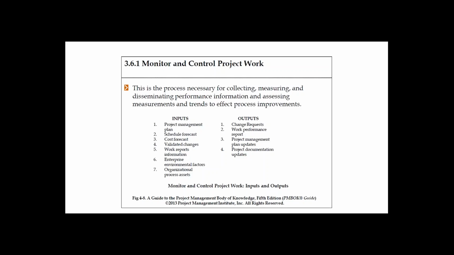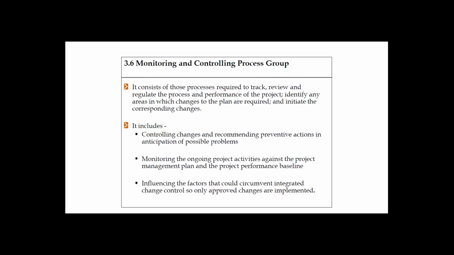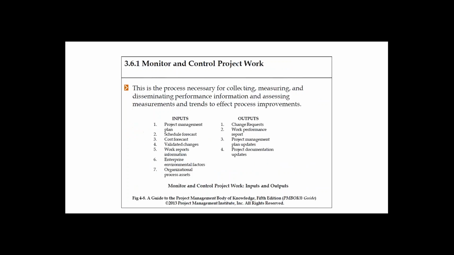Mahesh, I was just giving them an introduction about the monitoring and control process group. This is the first process that we are going to cover, monitor and control project work. Basically, this is the process necessary for collecting, measuring, and disseminating project information, and assessing measurements and trends to affect process improvements. So you collect all the details, let's say deliverables.